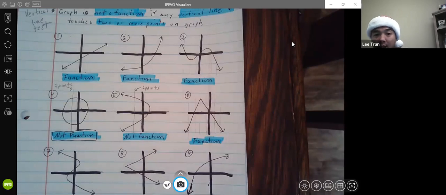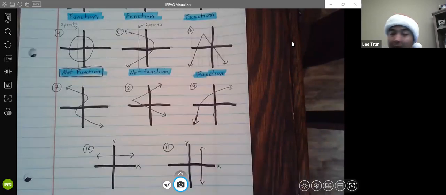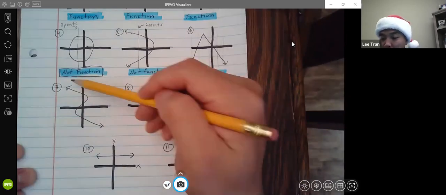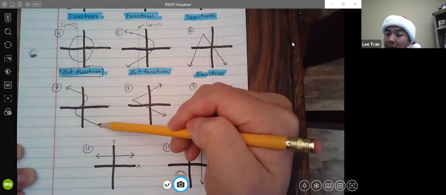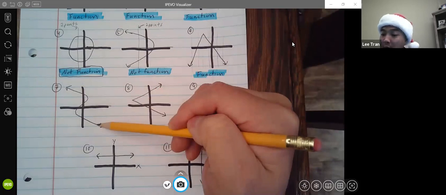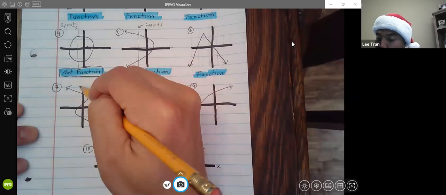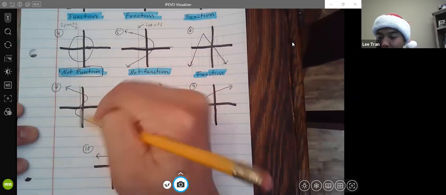All right, let's take a look at the last few here. This one, number 7. Some students will say, hey, if I draw a vertical line here, it only hits 1 point. That's true, but you need to be able to draw a vertical line anywhere and it hits only 1 point. If I draw a vertical line right there, that vertical line, that's the y-axis.